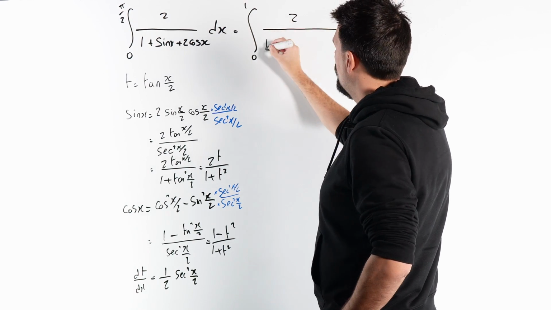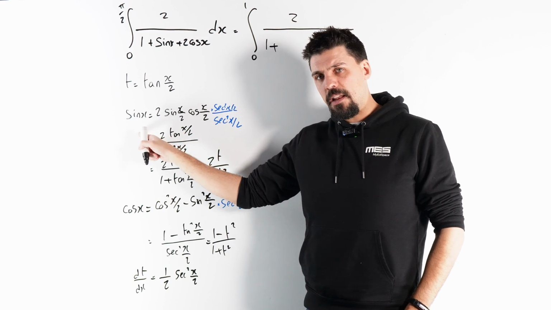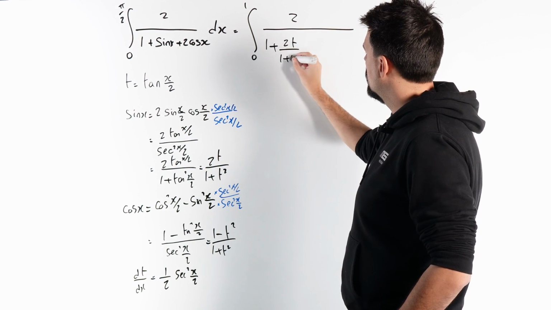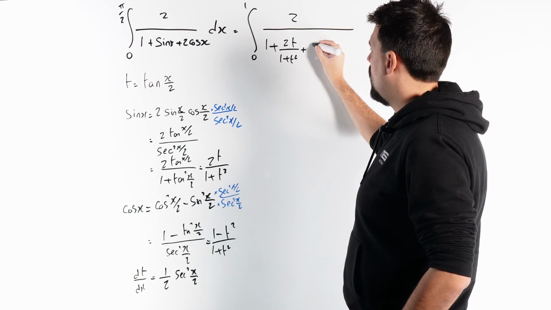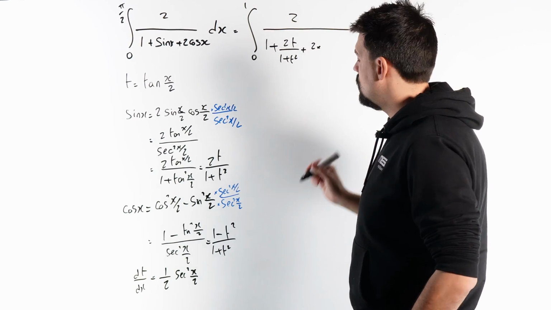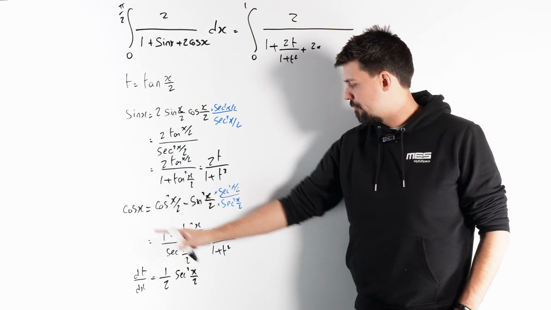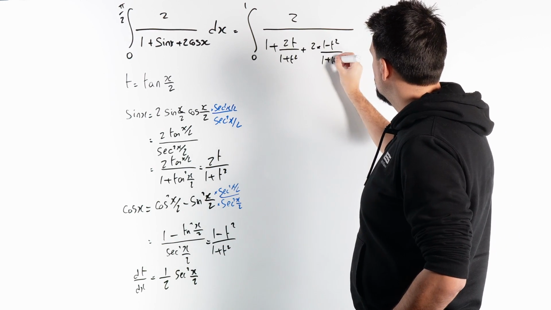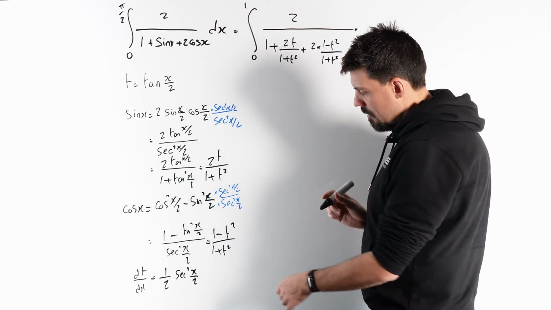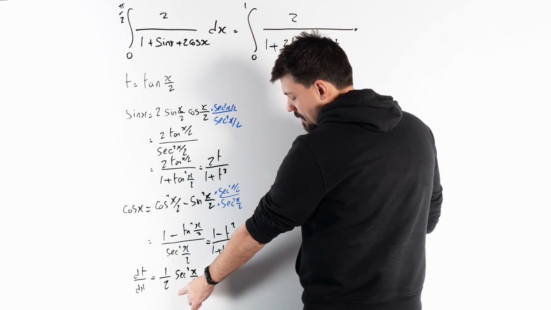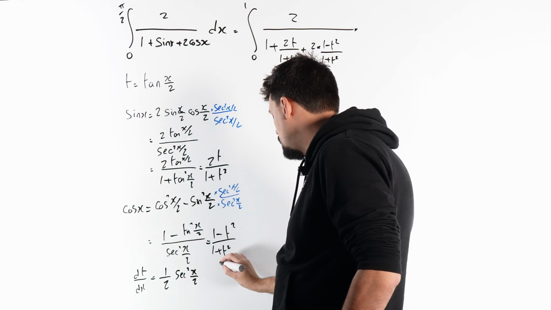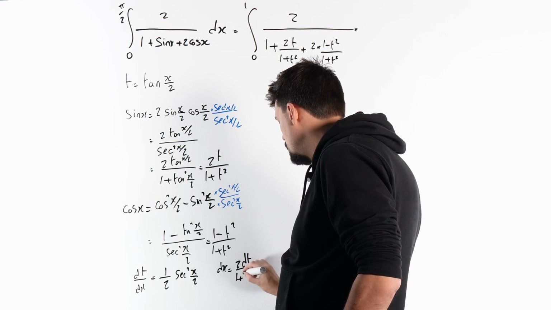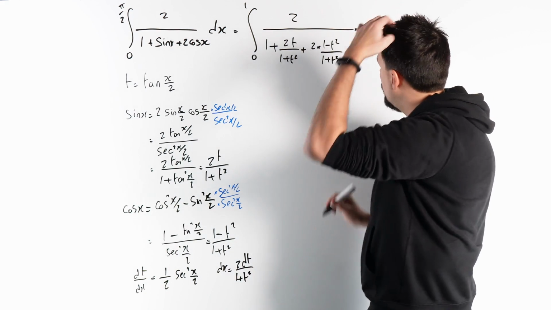2 over 1 plus sine x is 2t over 1 plus t squared plus 2 times cos x, which is 1 minus t squared over 1 plus t squared. Now, let's rearrange this for dx. If you rearrange that, you will get that dx is 2 dt over 1 plus t squared.